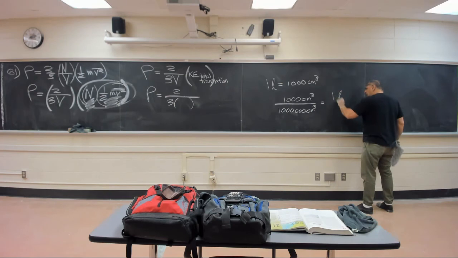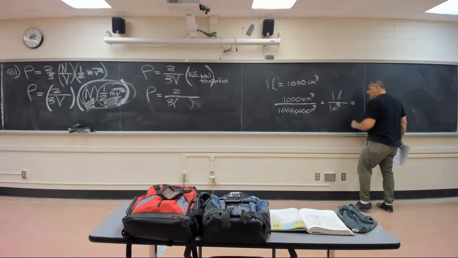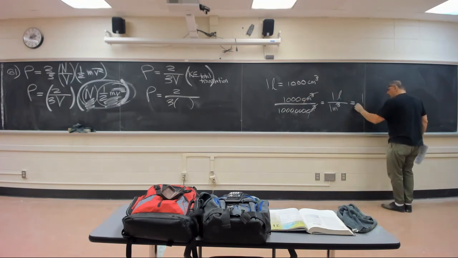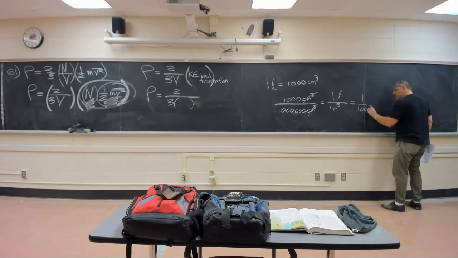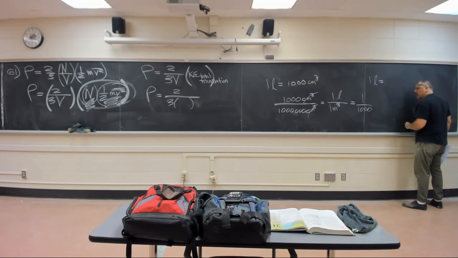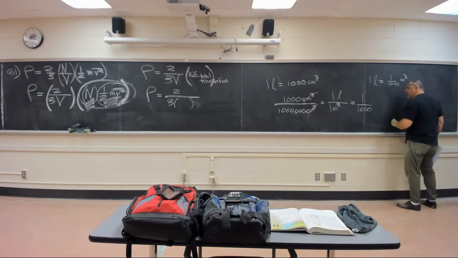So 1 liter per 1 cubic meter is equal to 1,000 over 1,000,000, which is 1,000th. 1 liter is 1,000th of a cubic meter.